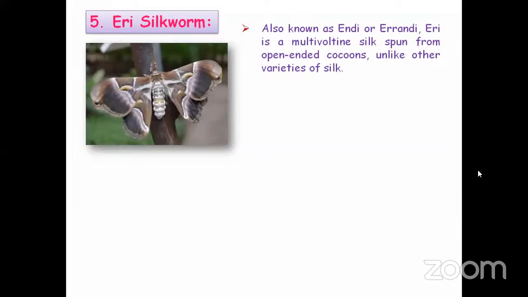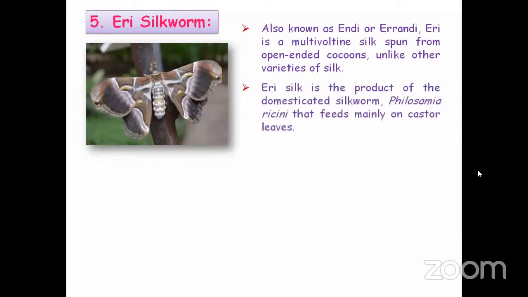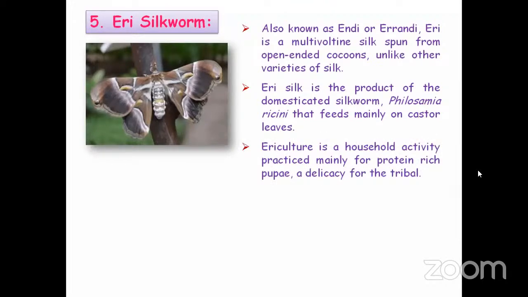This is also a multivoltine silk that is spun from open-ended cocoons, unlike other varieties of silk, and is obtained from the silkworm Philosamia ricini, which feeds mainly on castor leaves. Eri culture is a household activity practiced mainly for the protein-rich pupae, a delicacy for the tribals.